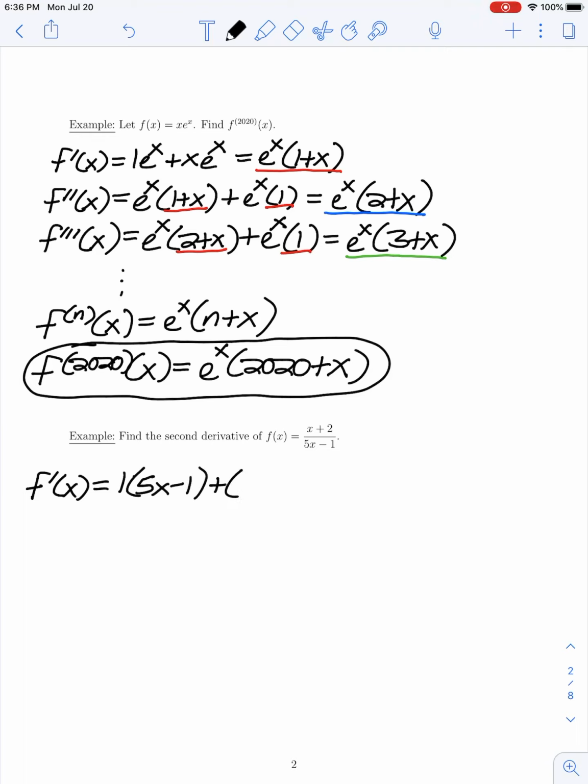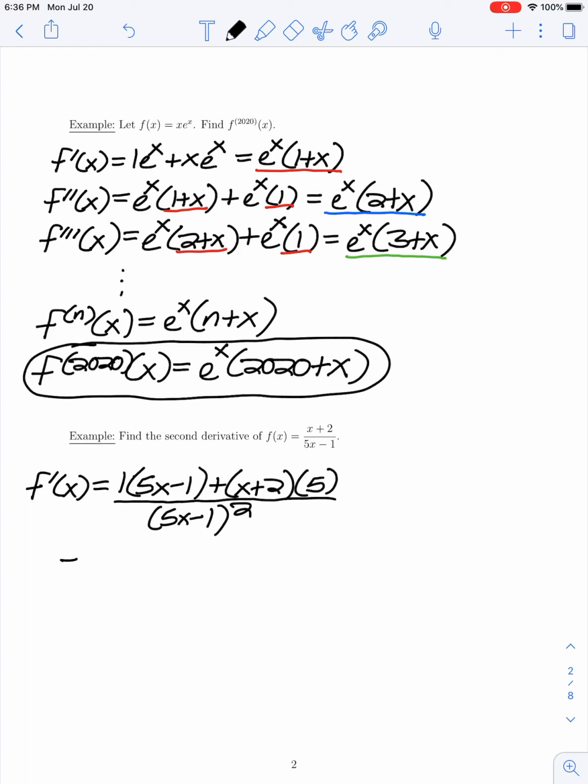Then we add the product of our numerator, x plus 2, times the derivative of the denominator, which would be 5. And then the entire expression is divided by the denominator, 5x minus 1 squared.